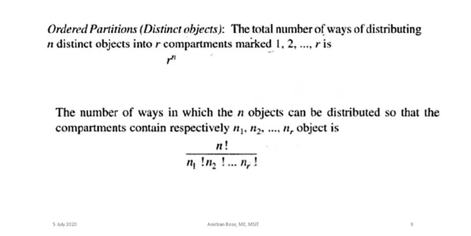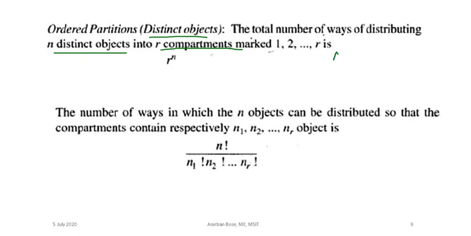Now here, ordered partition. Again, the distinct objects. So the total number of ways of distributing n distinct objects into r compartments marked 1 to r is, okay, so let us consider there are n distinct objects.